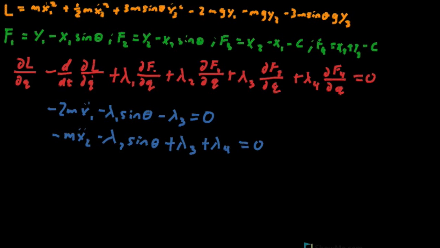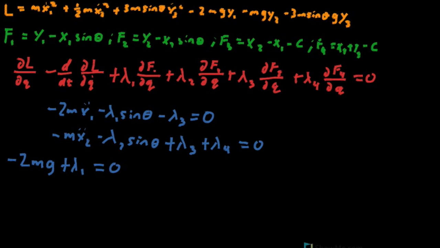Now we do the same thing for y1. Partial L partial y1 is minus 2mg. Partial L partial y1 dot is nothing. Partial f1 partial y1 is 1, so we add lambda 1. Partial f2, f3 and f4 with respect to y1 are nothing, so this is just going to equal 0.